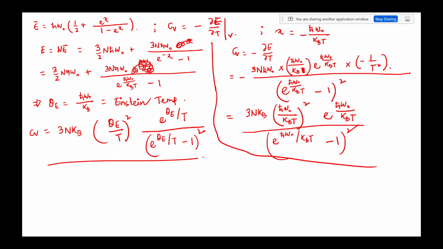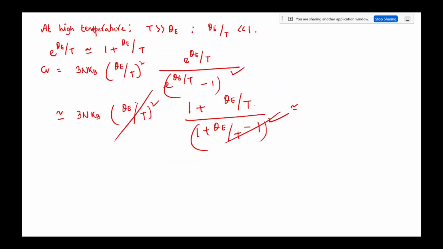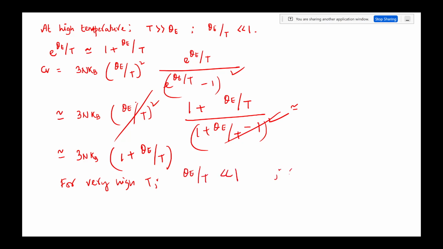So now you can see that here 3n kB times 1 plus theta E by T. So for very high T, theta E by T much less than 1, then Cv tends to 3n kB. So we'll get back the Dulong-Petit law.